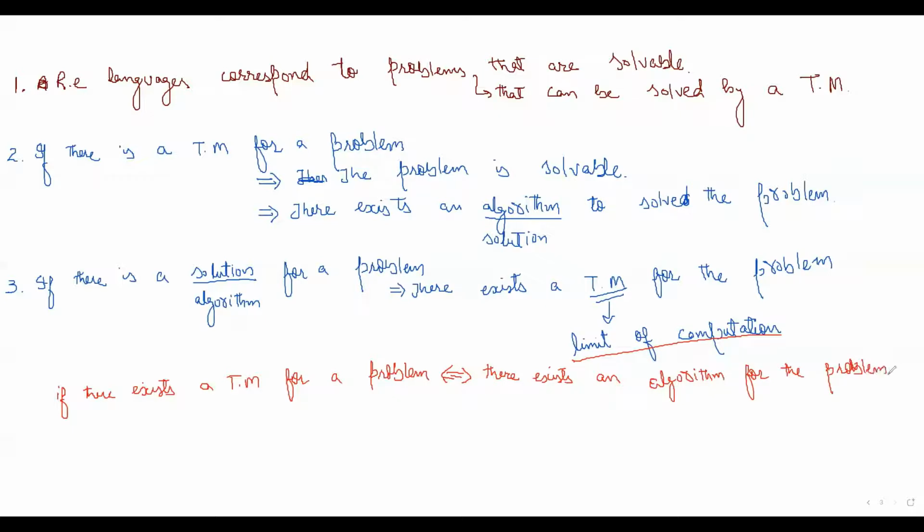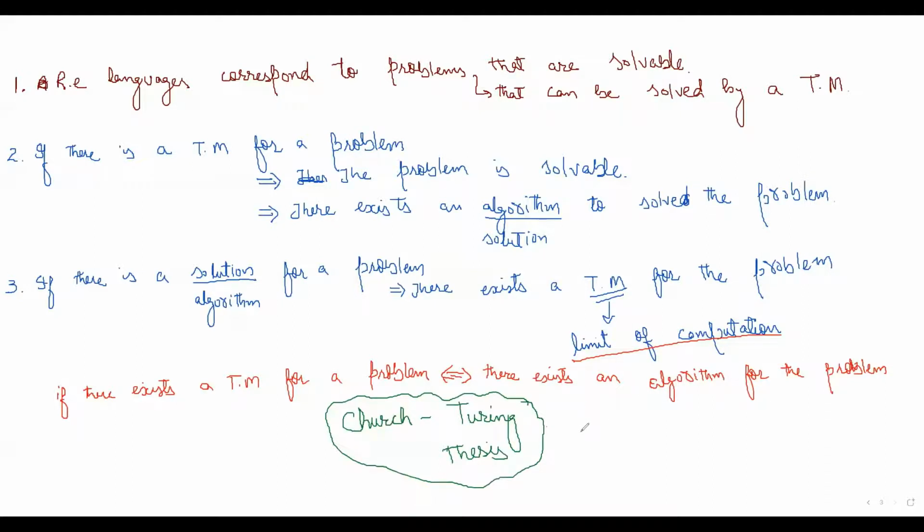And the opposite is, if there exists no Turing machine for a problem, it implies there exists no algorithm for the problem. This statement is called the Church-Turing thesis. The Church-Turing thesis says that if there exists a Turing machine for a problem, there exists an algorithm for the problem. We will discuss it in detail, but keep this in mind.